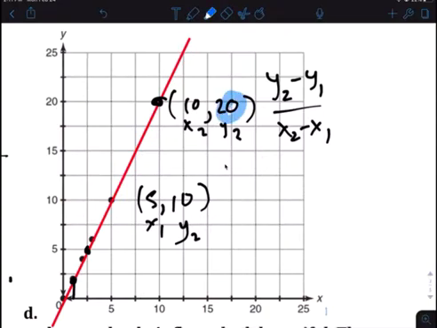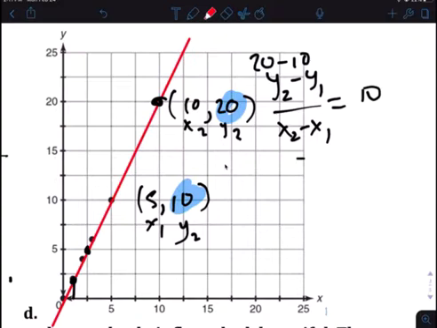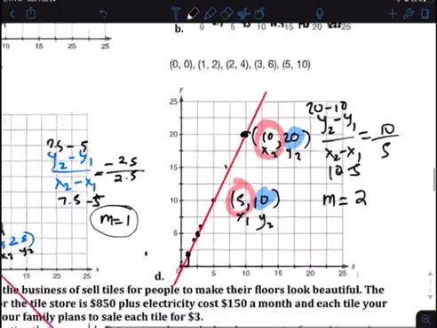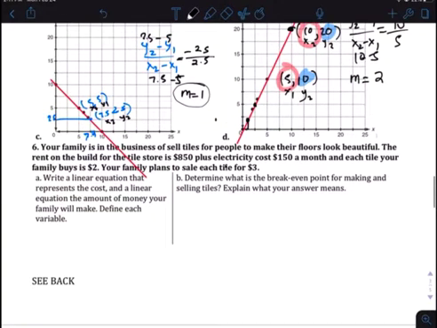Your y's is 20 minus 10, and your x's is 10 minus 5. So you get 5. So your slope or your rate of change is 2. That's how you do those, but depending on your line, you're going to use your line. You're not going to use mine.